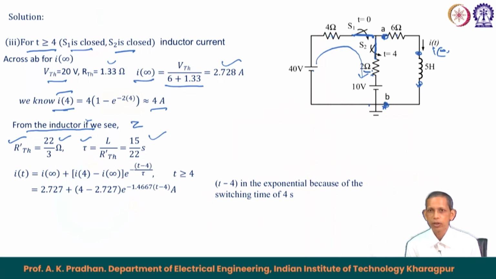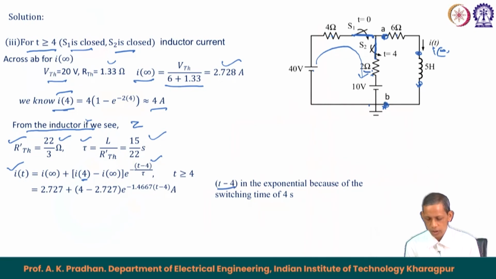So, this is after closing the switch S2. Again we write I(t) equals I infinity plus I(4) minus I infinity times e to the power minus (t minus 4) by tau. Why t minus 4? Because the second switch is closed at t equals 4 seconds, and we solved this in an earlier lecture: the exponential term starts from t minus 4.